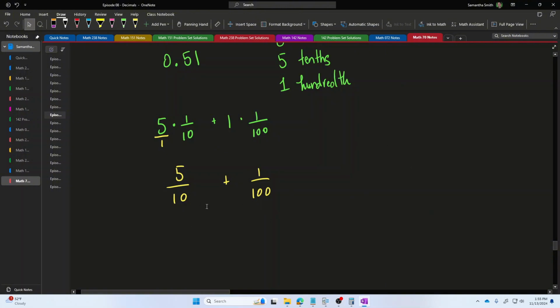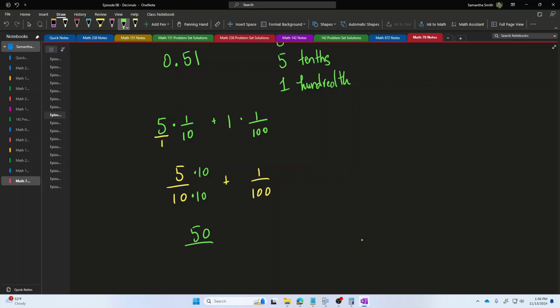Now, if I want to add these two numbers together, then all I have to do is make them have the same denominator and then add the two numerators together. And if I want to get the denominators to match, then one option is to multiply the first denominator by 10, and 10 times 10 will become 100.